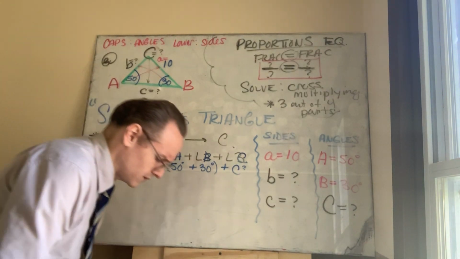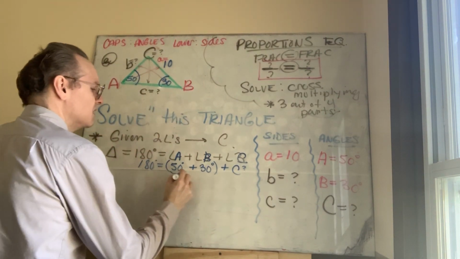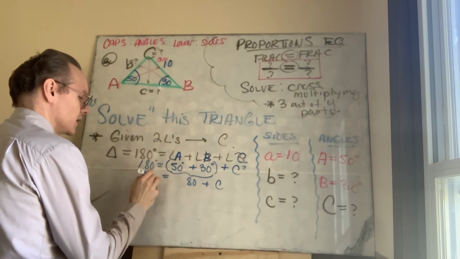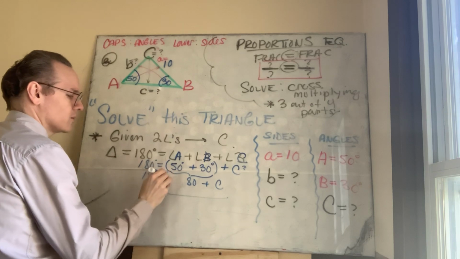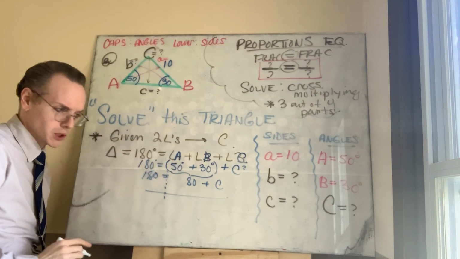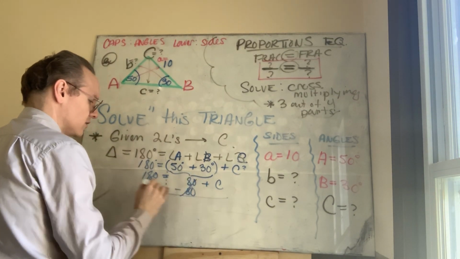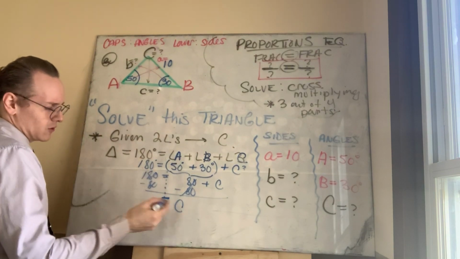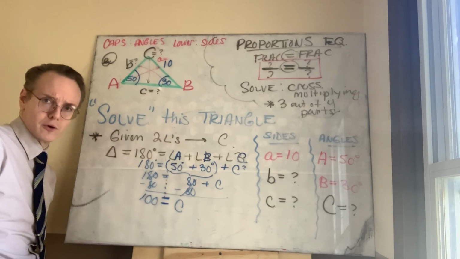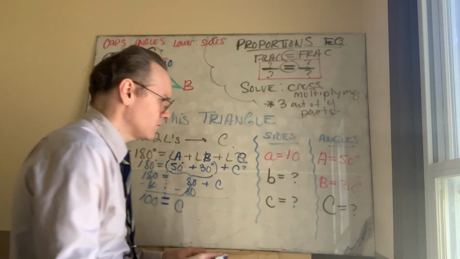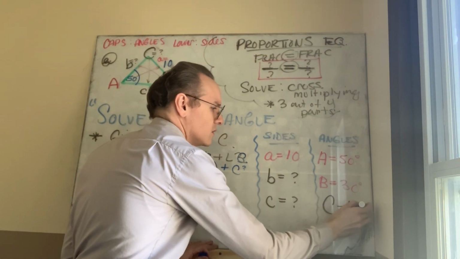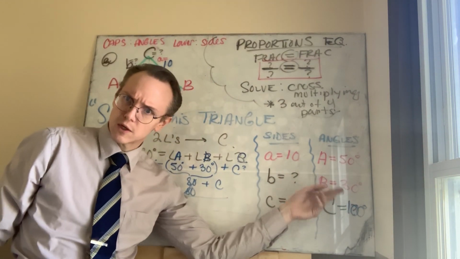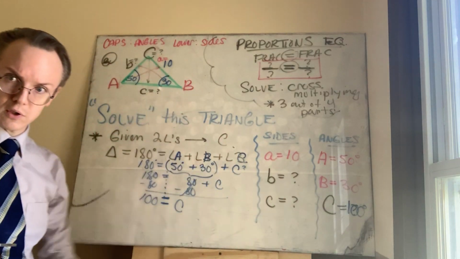So, what's 50 plus 30? 80, naturally. And this is equal to 180. So performing a little one-step equation, subtract 80, we can infer that angle C would have to be the balance of 100. So we got 100 degrees. Okay. 100 plus 30 is 130, 130 plus 50 is 180, everything is copacetic.